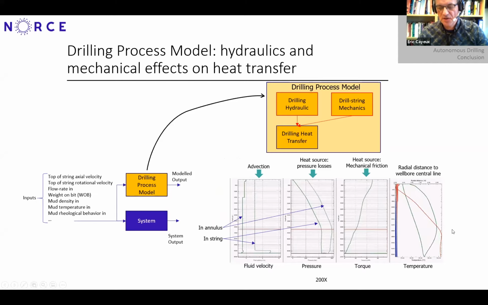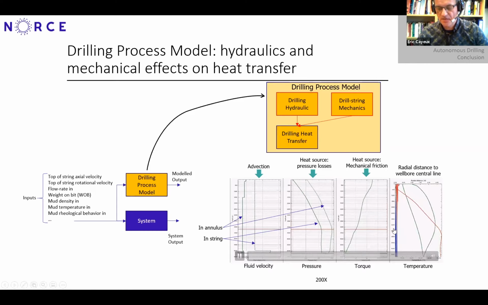And the differences that we get there for the temperature along the string and along the annulus are simply due to the fact that we have advection, that we have movement of fluid inside the string and the annulus, that we are generating heat through pressure losses, both inside the string and inside the annulus, and we are also producing heat through mechanical friction, because of the rotation of the pipe inside the deviated well.